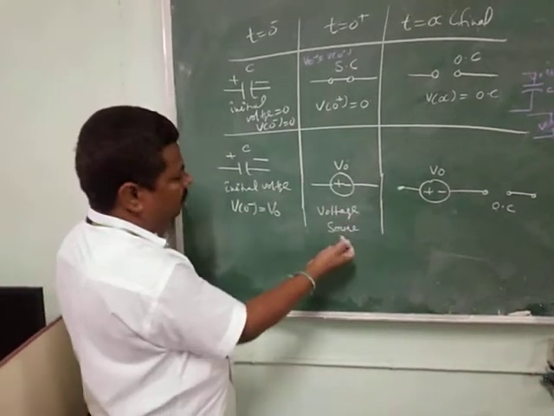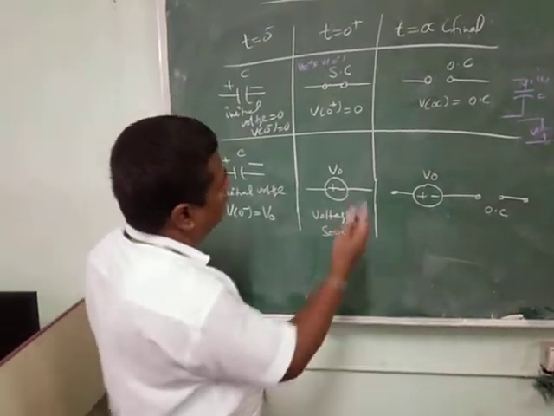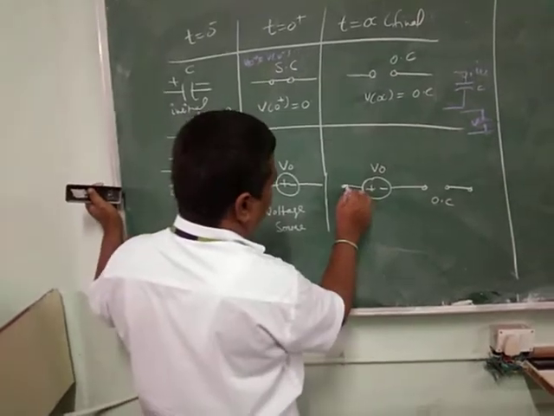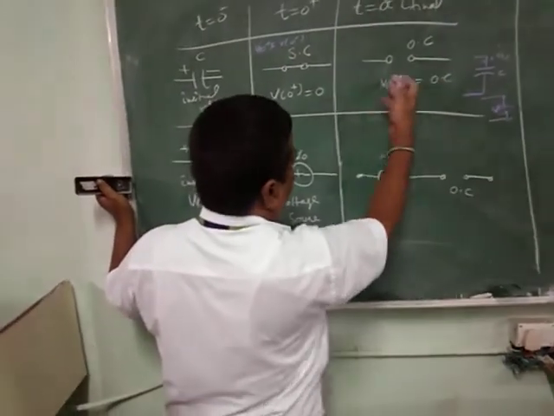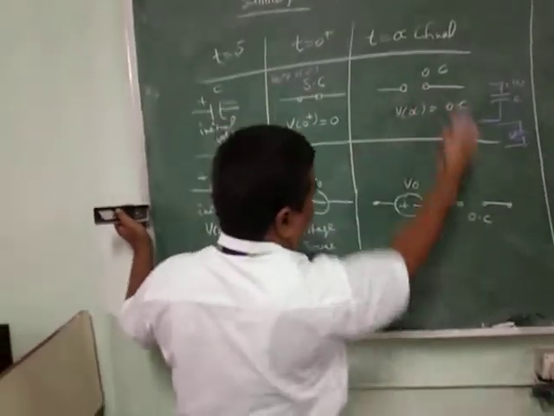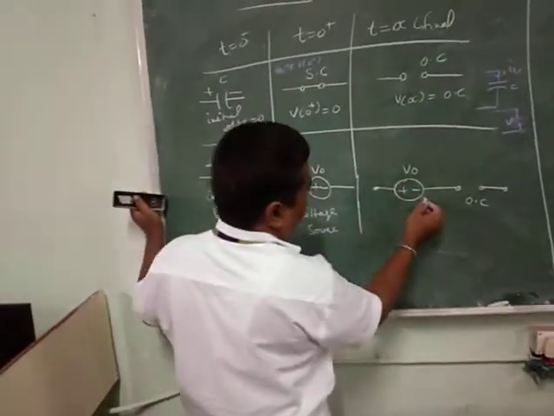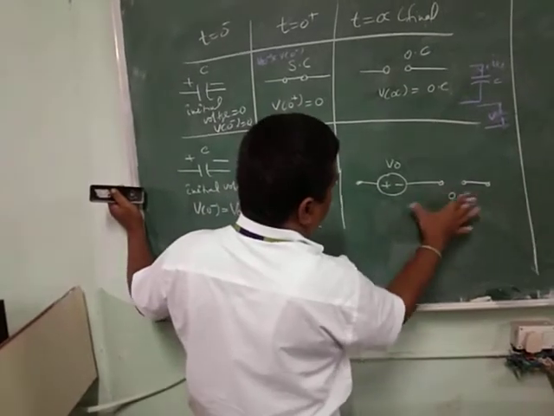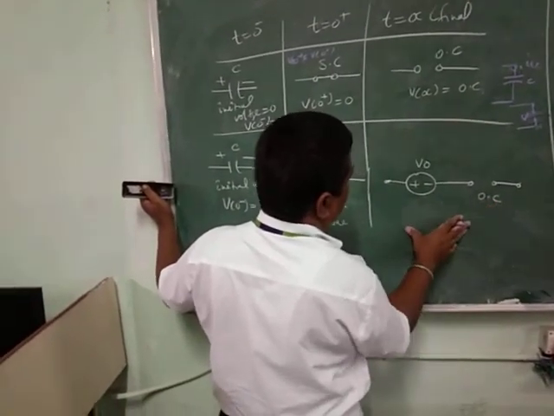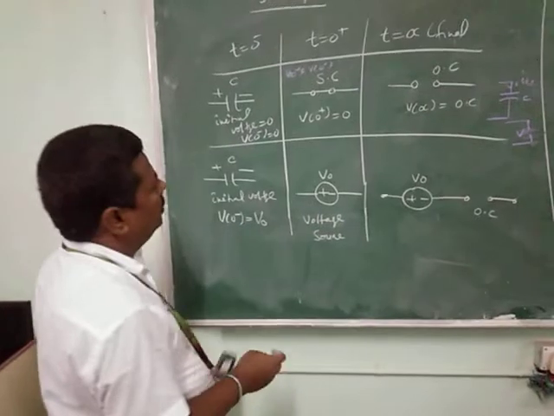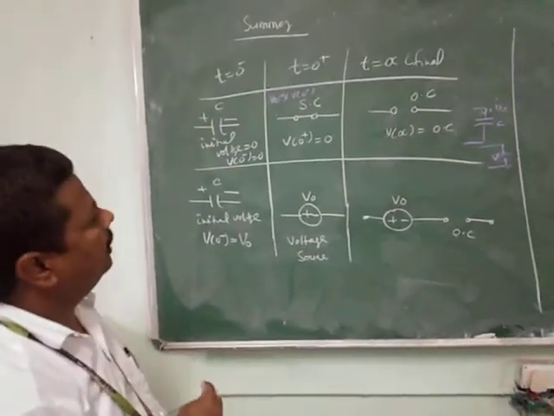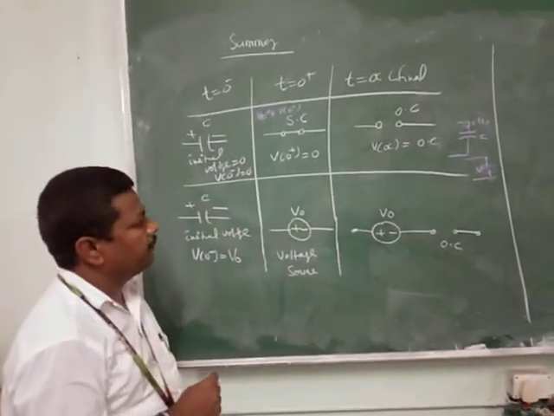And in the final case, when the initial value is 0, it is an open circuit. Here the initial value is v0, and in addition to v0 it acts as an open circuit, again with the same voltage v0 between the terminals. This is the summary of capacitor initial conditions.